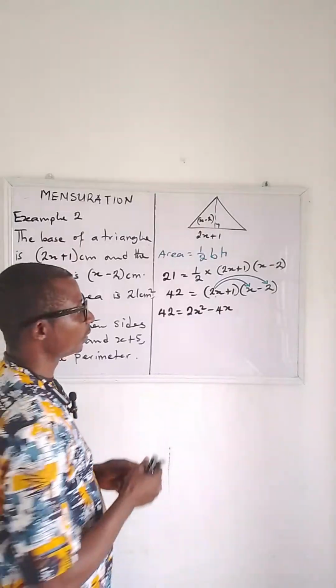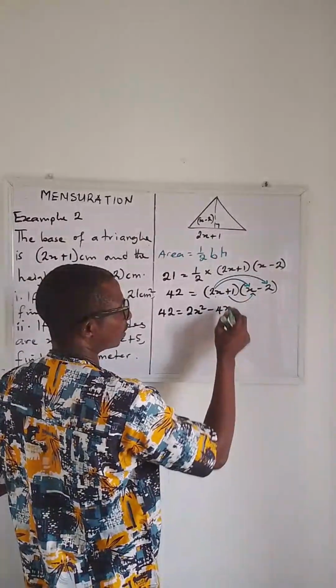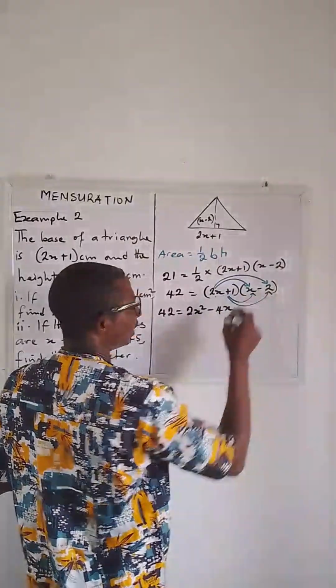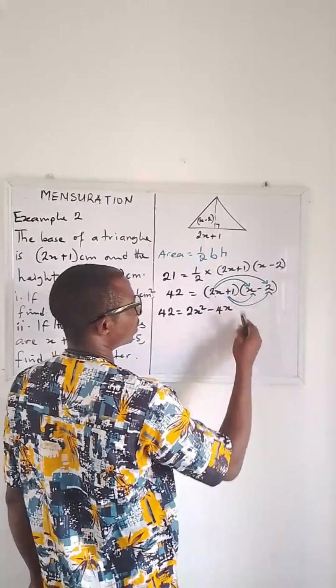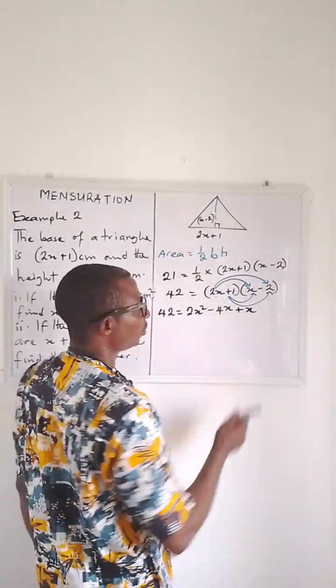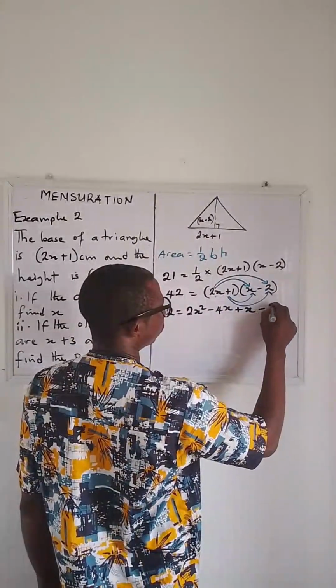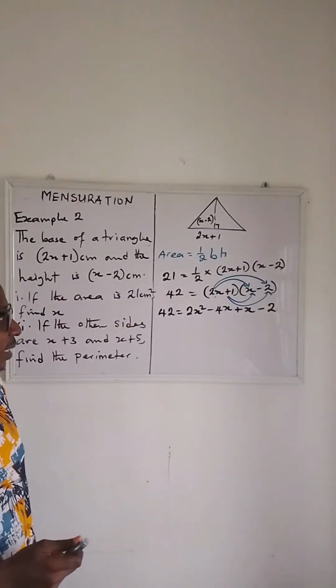Now again, this one multiplies x and also multiplies negative 2. Can we do that now? 1 times x, we have plus x. And 1 times negative 2, we have negative 2. I hope we all understand that.